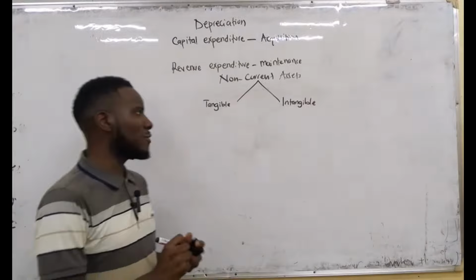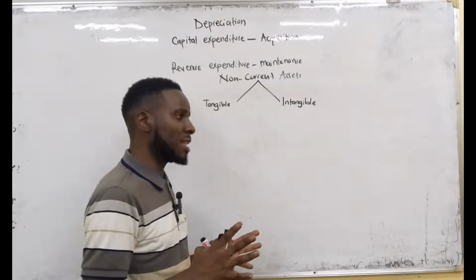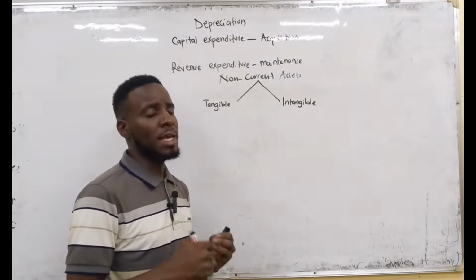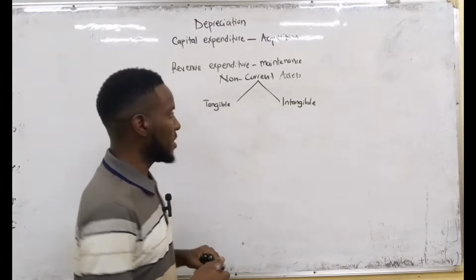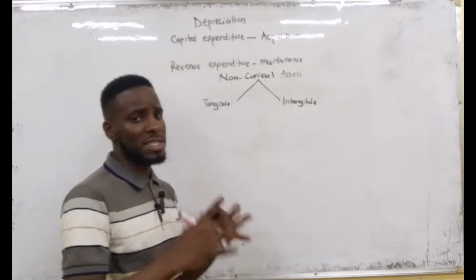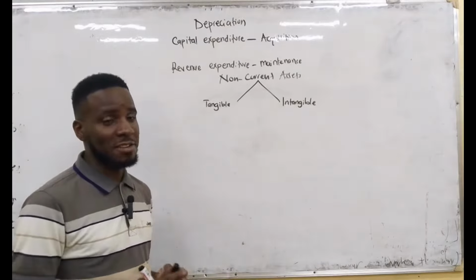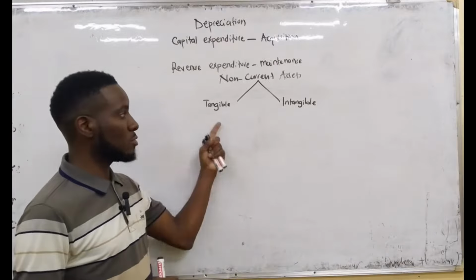Now, the intangible, of course, I'm talking about things like trademarks, patents, copyrights. All these things are intangible. But then we have the tangible ones. The tangible, we have things like motor vehicles, fixtures and fittings, things that can depreciate over time. So that's what we call the tangible.